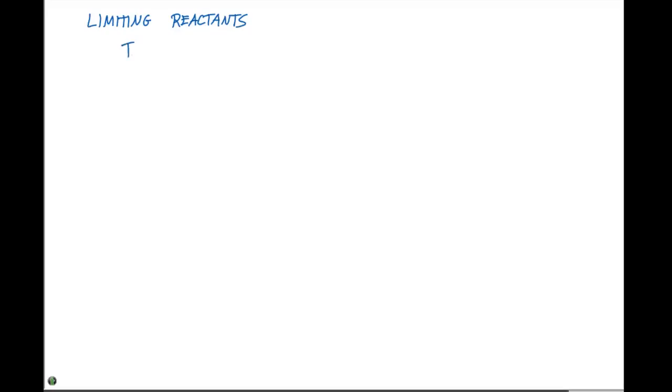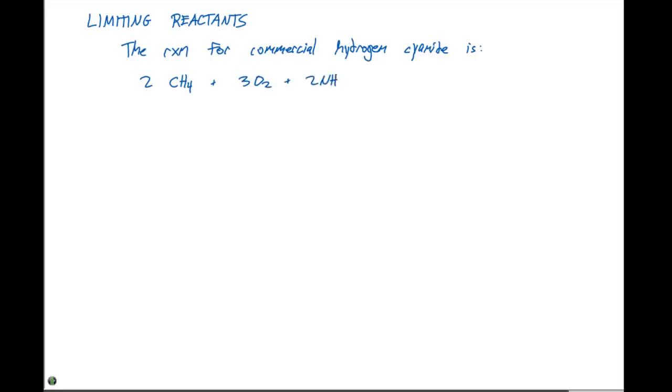So we can say that the reaction for commercial hydrogen cyanide is 2CH4 plus 3O2 plus 2NH3, giving 2HCN plus 6H2O.